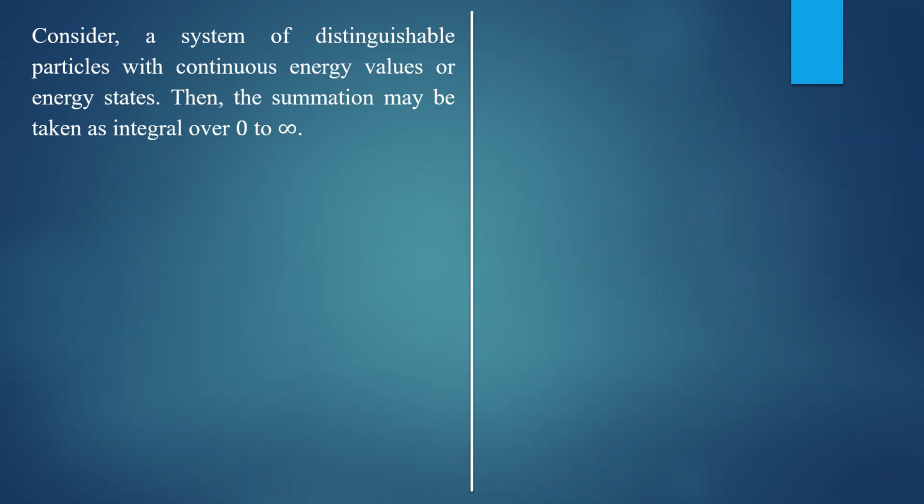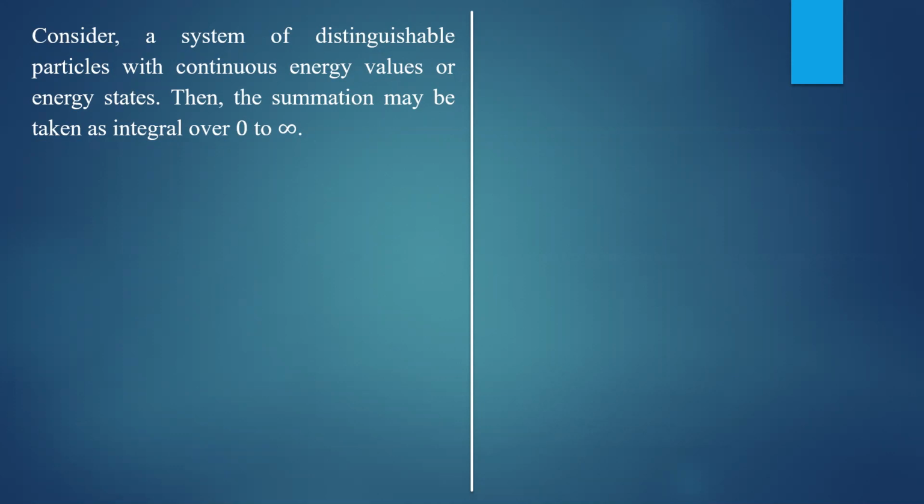So instead of the summation sigma, we can take an integral, provided there are a very large number of energy states and those energy states are continuous. Then you can convert the summation into integration, and that integration must run from 0 to infinity.